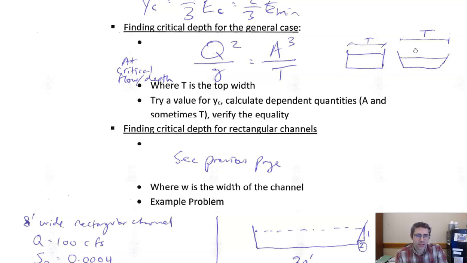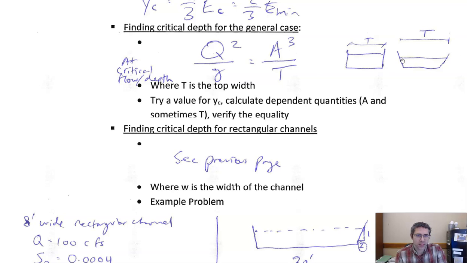But in a trapezoidal channel, T is not equal to B, but there is a relationship between T and the depth, given the characteristics of the trapezoidal channel. And I'm going to give a handout that shows some of those helpful relationships soon.